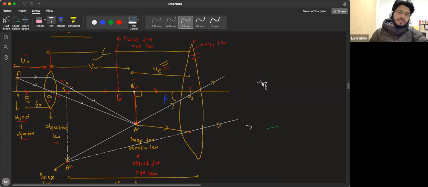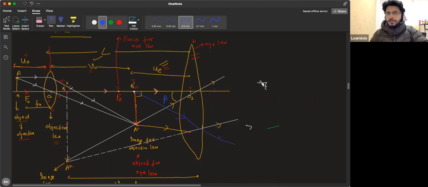Nabil is asking: to get the image of a point, at least two rays should coincide. So see Nabil, the first ray is passing through the principal axis. It is actually passing through the optical center of the lens, and this will go straight without any deviation. For the other ray, you can incident another ray here. This ray will diverge.